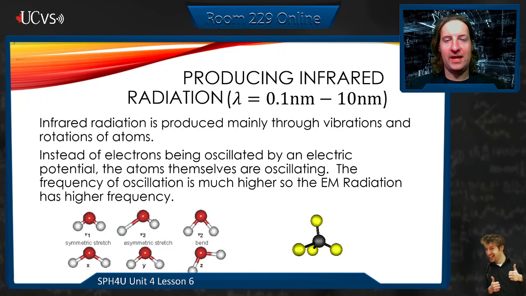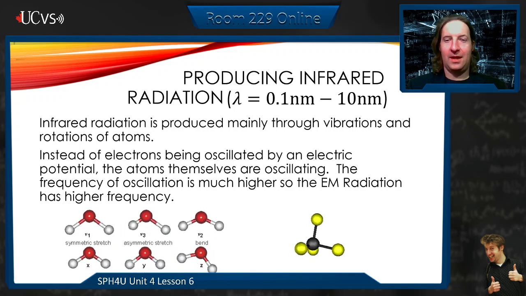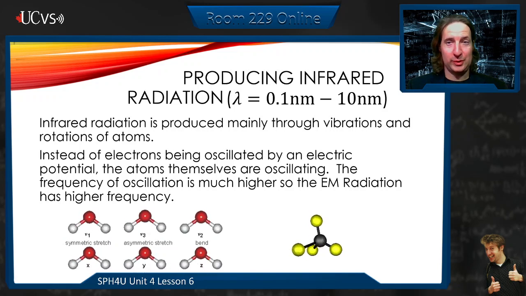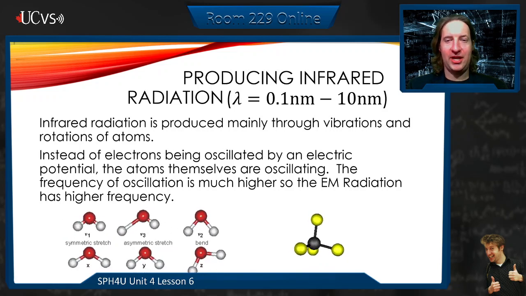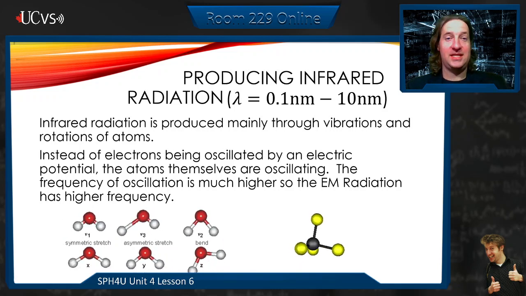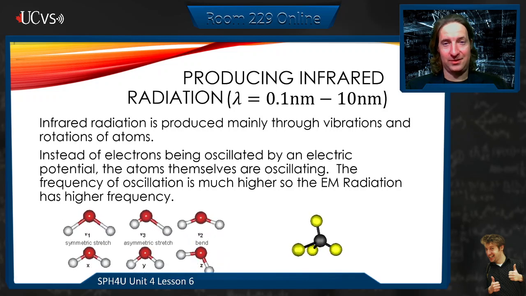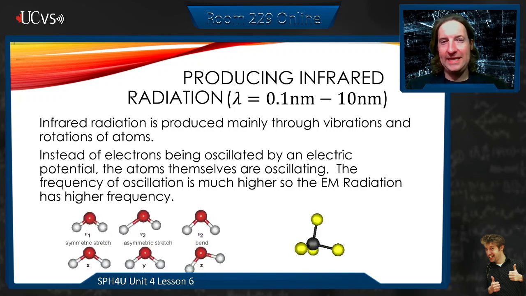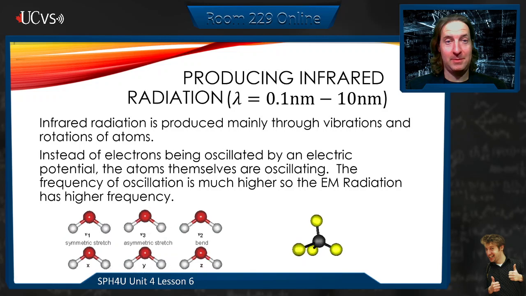We call that infrared, and we produce this usually through the vibrations and rotations of atoms, the atomic vibrations. Okay? Instead of electrons being oscillated, instead of us taking electrons and making them go at certain frequencies, we're going to actually take the atoms themselves, the bonds between the atoms, and we're going to cause them to vibrate.